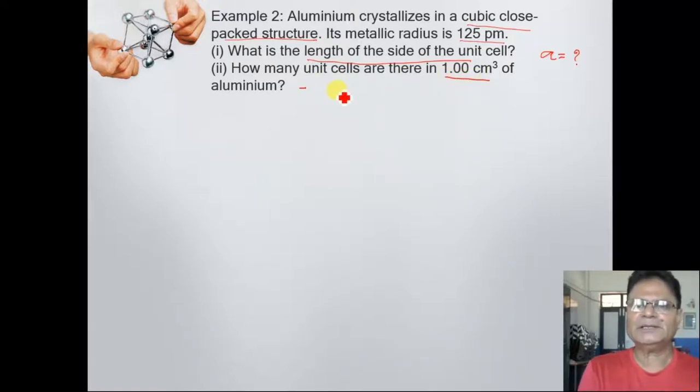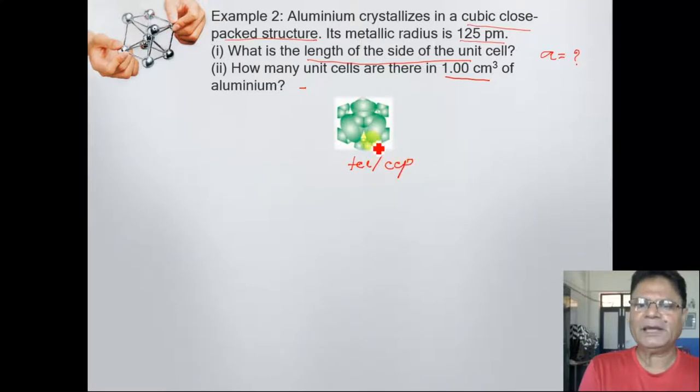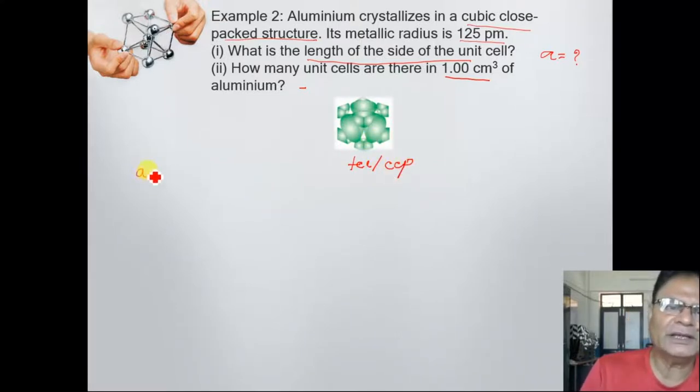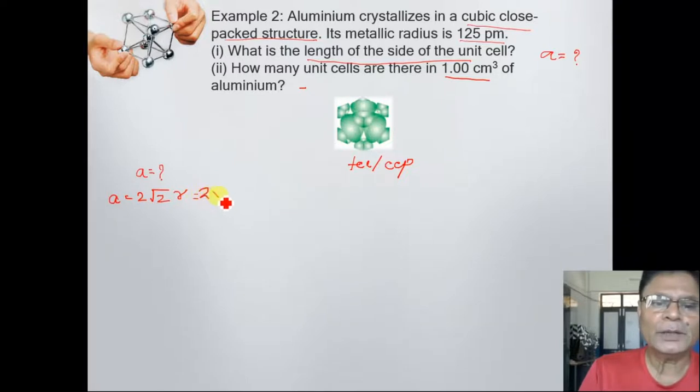Look at the basic structure of the unit cell. This is FCC or CCP packing. Now the first thing you have to find out is the edge length A is equal to how much? What is the relation? A is equal to 2 under root 2 R. Now put the values. 2 into 1.414 into, what is the metallic radius? 125 picometer.